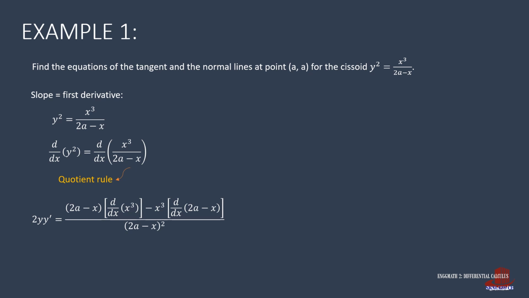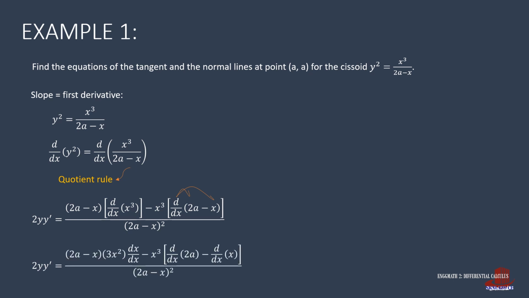The numerator considers the lower term times the derivative of the upper term x cubed, minus the upper term multiplied by the derivative of the lower term. With the outcome, we distribute d upon dx to the two terms. Then, we get the following equation.